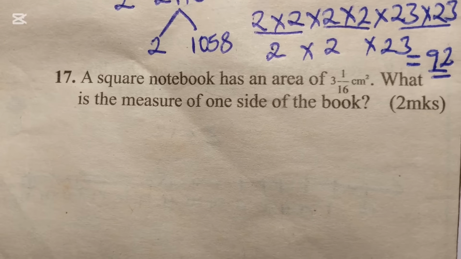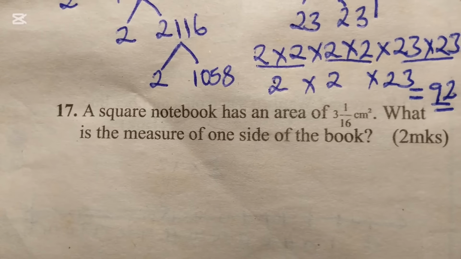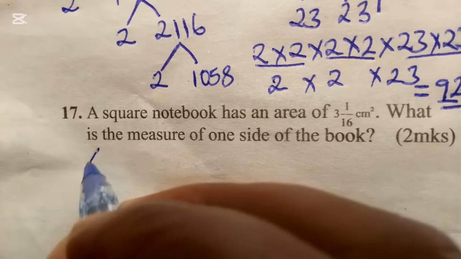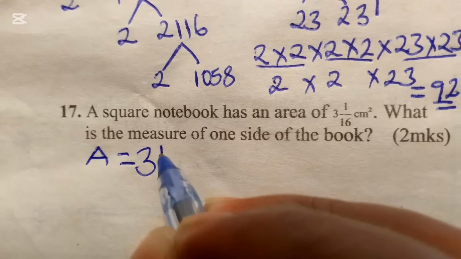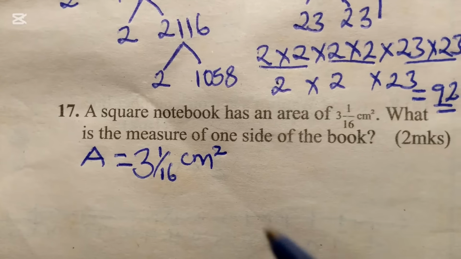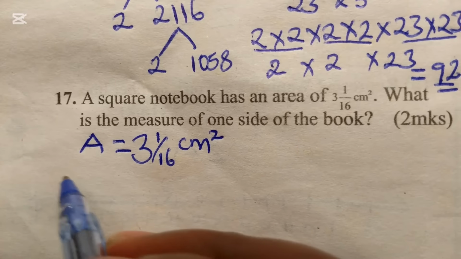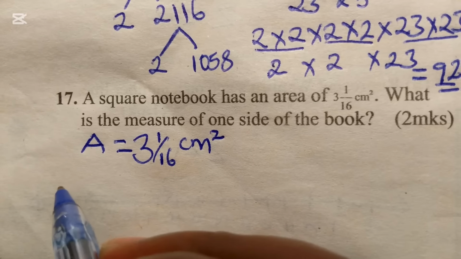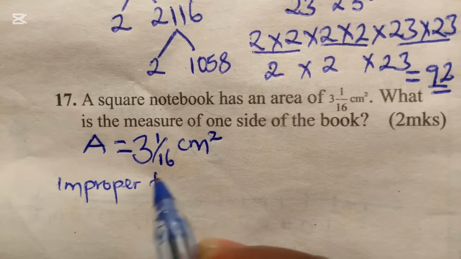We are first supposed to analyze the question. A given area being equal to 3 1/16 square centimeters, and then let us convert these to improper fraction.